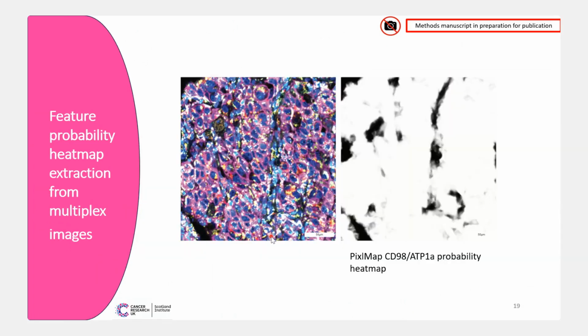And then we basically wanted to try and push it to its limits and see what we could get from PixelMap or the global method. And this is an image of an organelles panel that we did as a lab that we optimized. And in the light pink here, you can see the cocktail of CD98 and ATP1A.